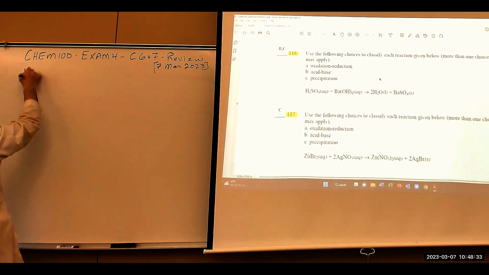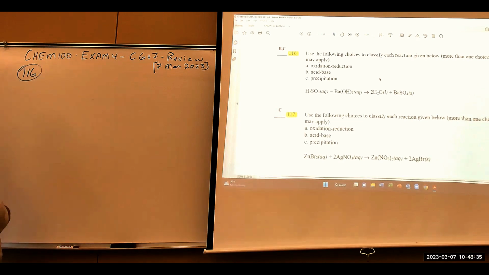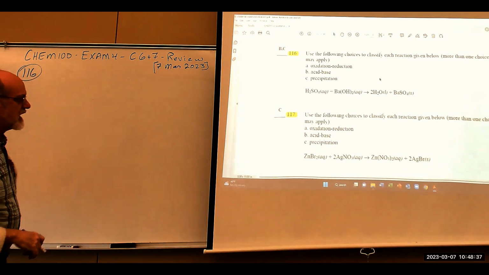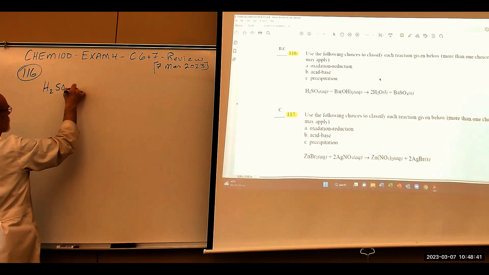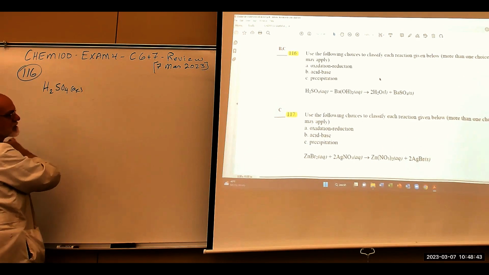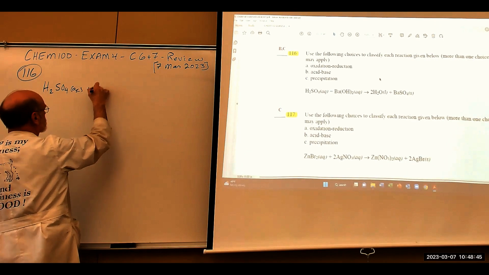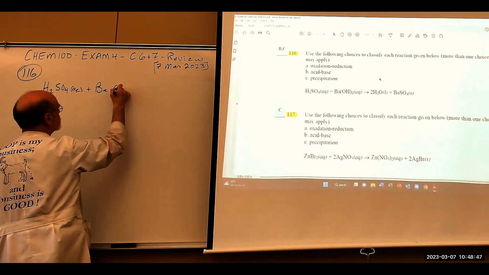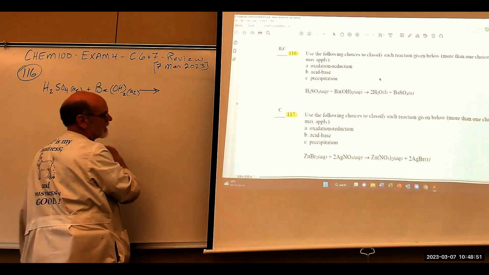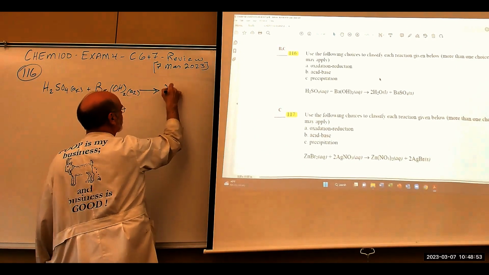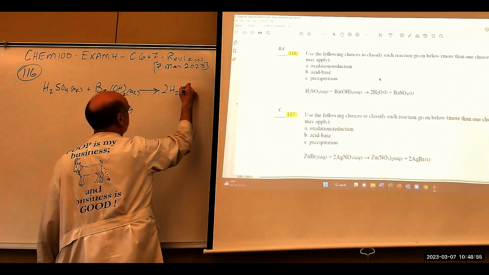(116). Let's see, H2SO4, aqueous. Yep. Plus barium hydroxide makes what? I bet it makes water. There's water.